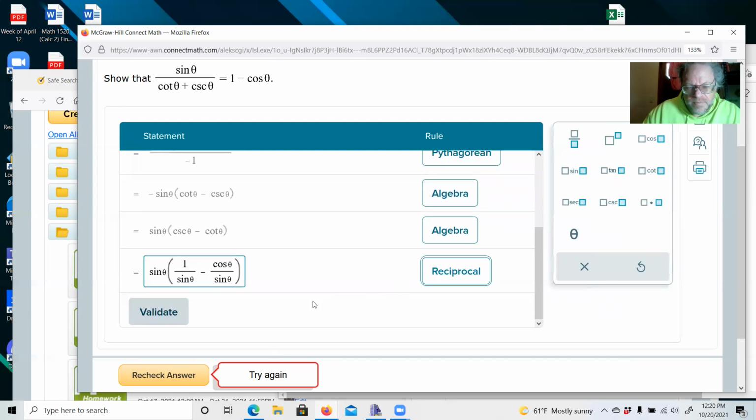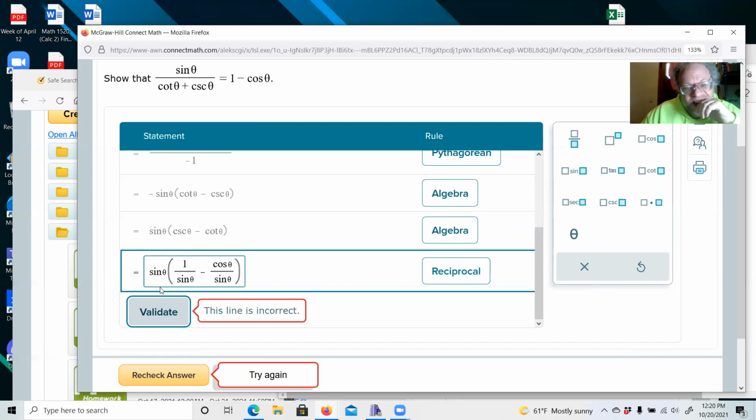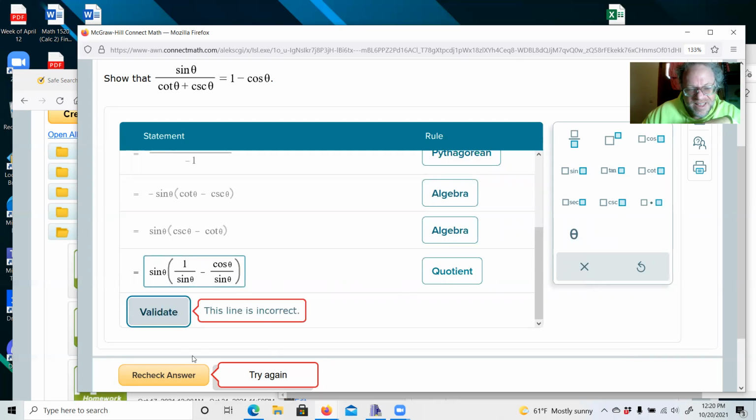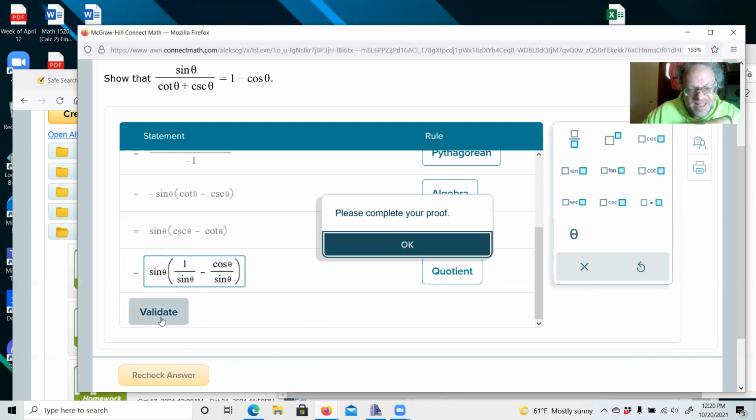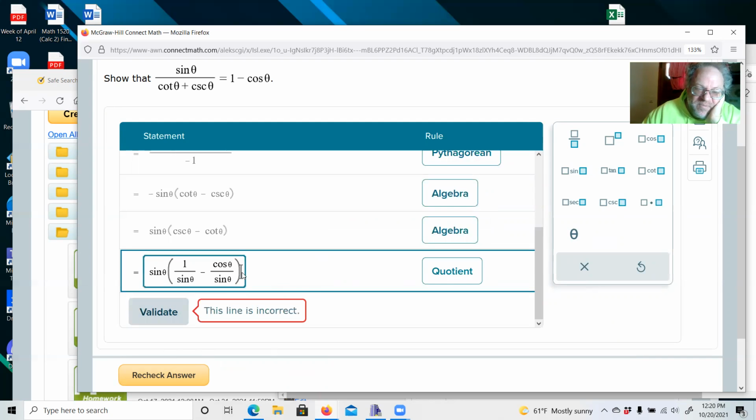That's what we used. We know it's not incorrect. Okay, so I just want you to know what's going on here. Let's create quotient, maybe. Let's complete your proof. All right, let's try it that way.